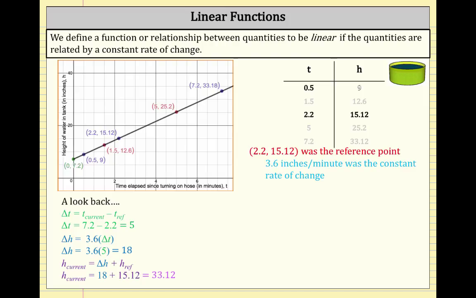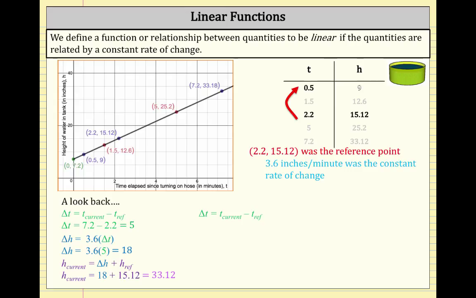Let's see what other patterns we can discover, because right now we're going to take a look back and see if there's a common pattern that connects all these ways that we found different points along the graph and the table. So as we do it, let's go back and take a look at how we did this when time was 0.5 minutes. So what we're doing is we're figuring out the change from 2.2 to 0.5.